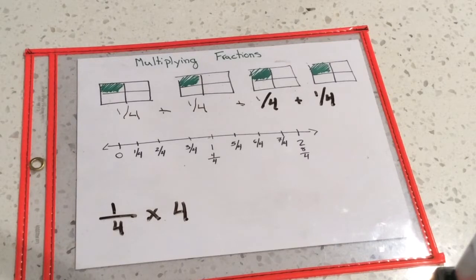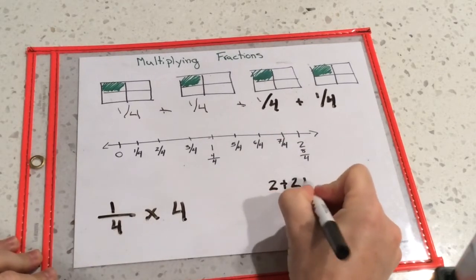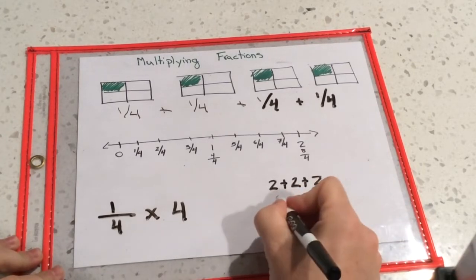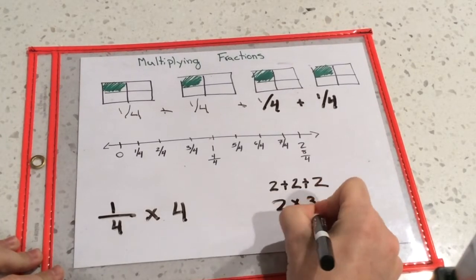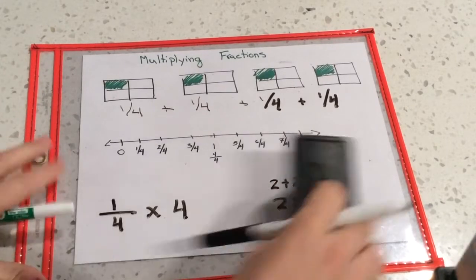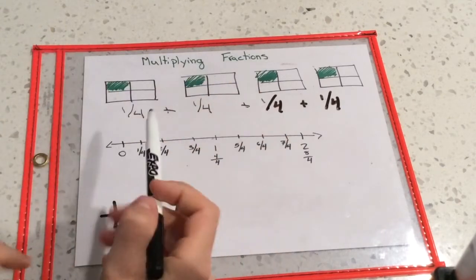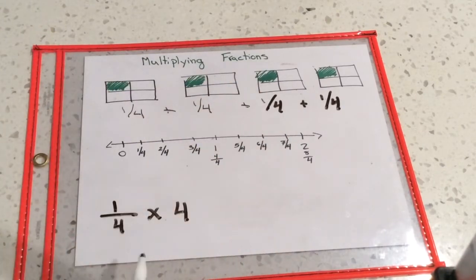You have the same value over and over and over again. Like if you had 2 plus 2 plus 2, another way of writing that would be 2 times 3. That same idea is true with fractions. We have the same value repeated over and over again. So 1/4 times 4.